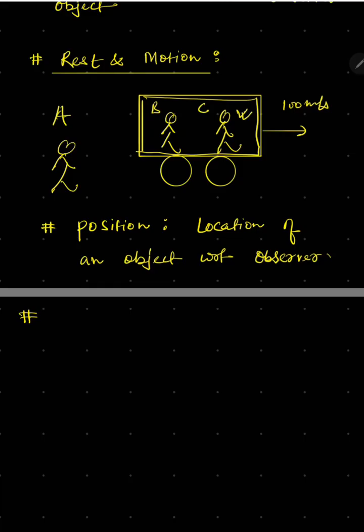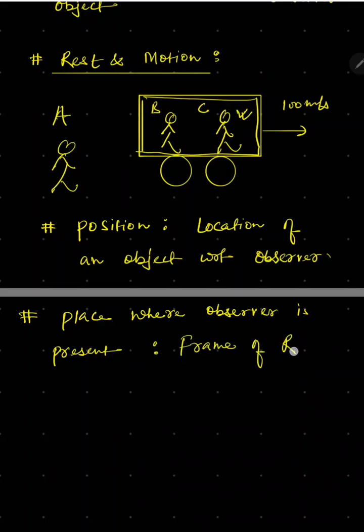Understood what I am saying? The place where the observer is present is called the frame of reference, and generally, not always, it may be different according to the question, according to the scenario.